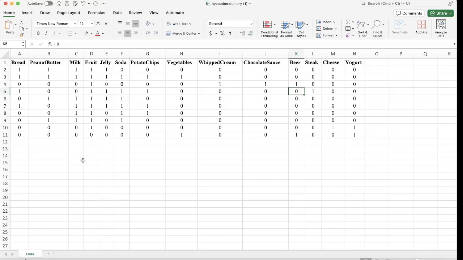So something I might want to do is look at different item sets and think about the support for different things and the confidence and the lift ratio. So as an example of this, down below, I'm going to do an example where the antecedent, let's say, is bread, and the consequent is fruit and jelly.